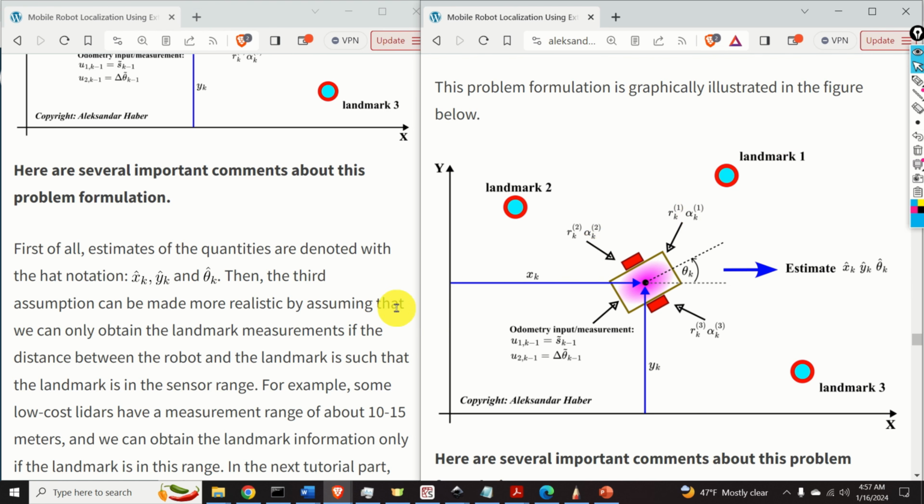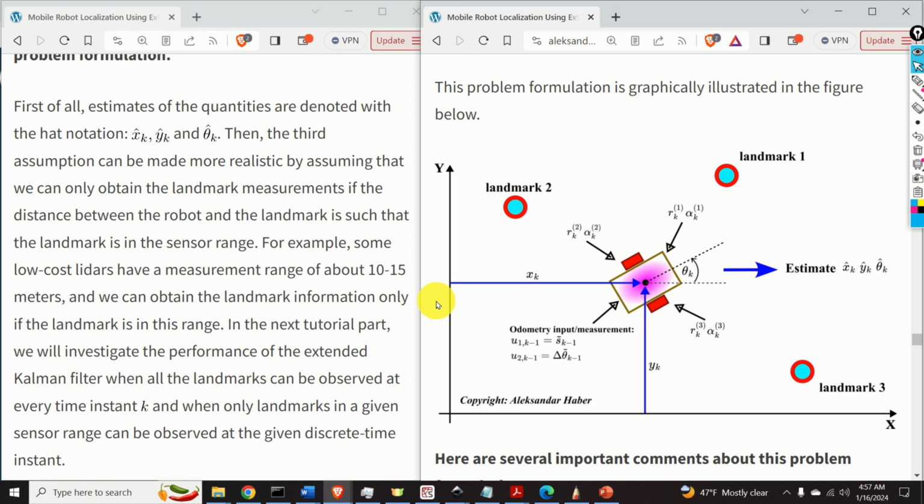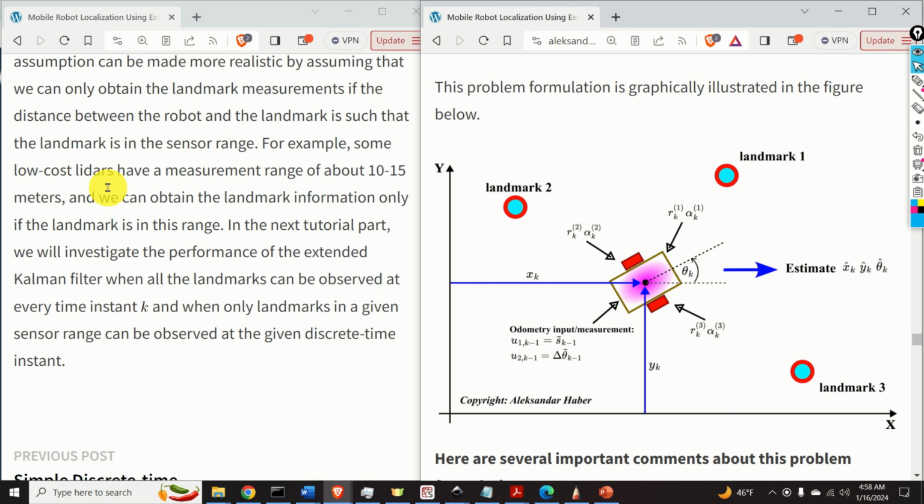For example, some low-cost LiDARs have a measurement range of about 10 to 15 meters, and we can obtain the landmark information only if the landmark is in this range. In the next tutorial part, we will investigate the performance of the extended Kalman filter when all the landmarks can be observed at every time instant k, and when only landmarks in a given sensor range can be observed at the given discrete time instant.